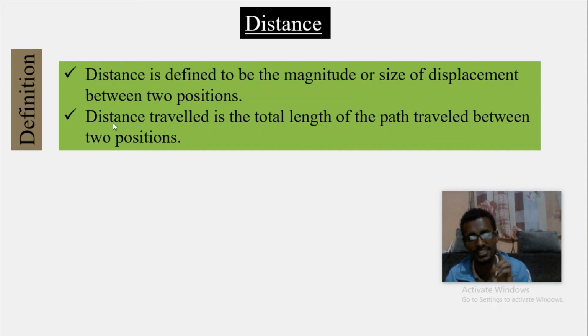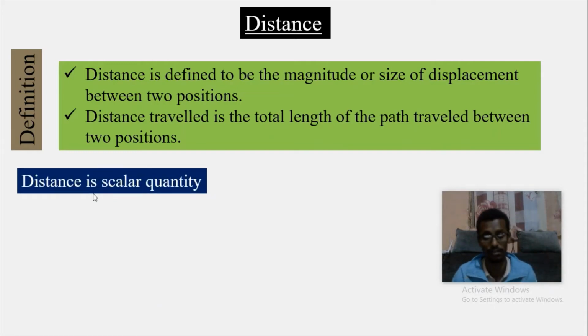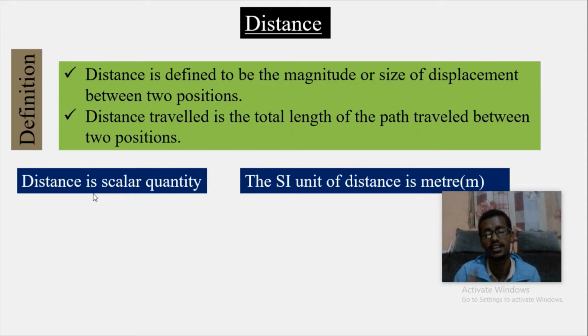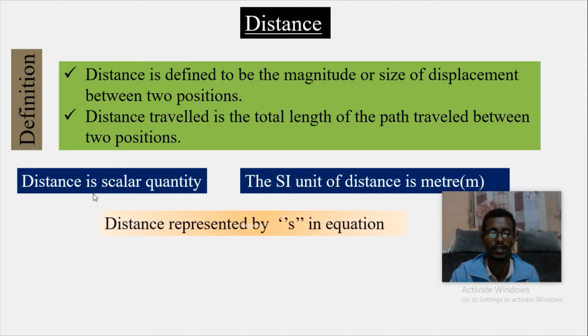Don't forget that. Distance is a total path traveled between two positions. Let me explain this with an example later. Distance is a scalar quantity. Since it's a physical quantity, it must have a unit. So its unit is meter, and it is a scalar quantity. It is only expressed in magnitude. There is no direction associated with distance. Distance is represented by S in equations.